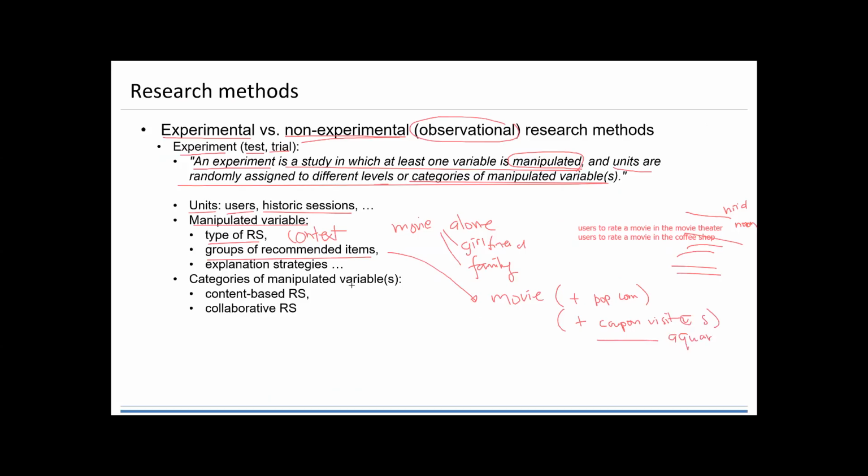So it's also another manipulated variable and some strategies. The categories of manipulated variables, we can use the content-based recommendation system, or we can use the collaborative recommender system.